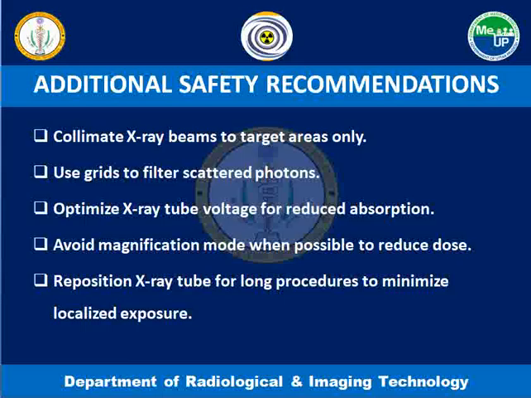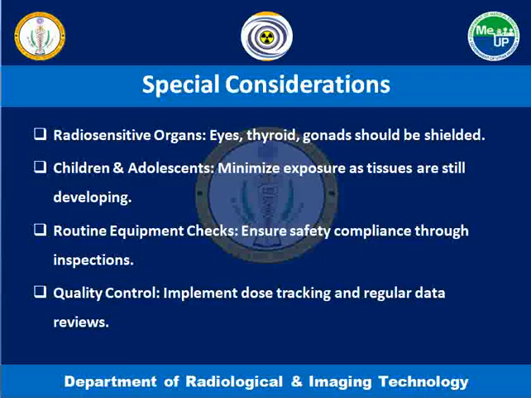Adjusting the X-ray tube voltage to the highest appropriate level decreases radiation absorption, enhancing safety without compromising diagnostic accuracy. Whenever possible, avoiding magnification mode helps lower radiation dose, as it increases tube current and exposure. For prolonged procedures, repositioning the X-ray tube periodically helps distribute radiation more evenly, minimizing the risk of localized overexposure and potential tissue damage.